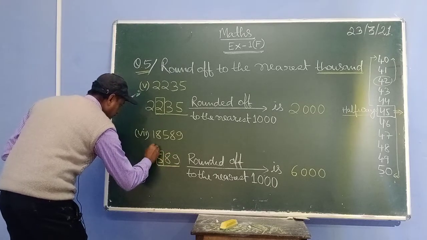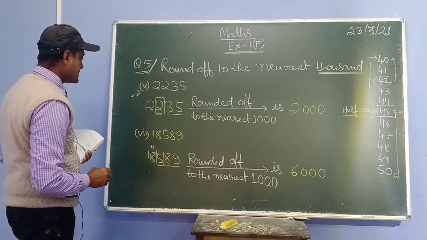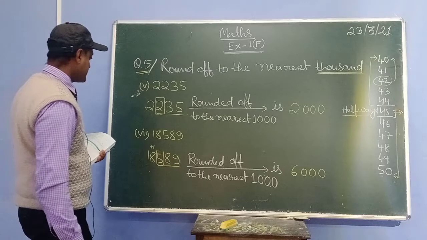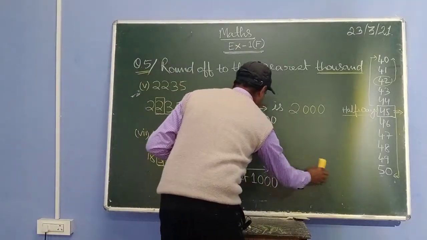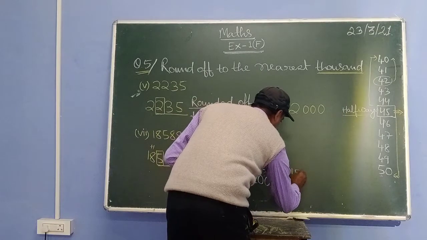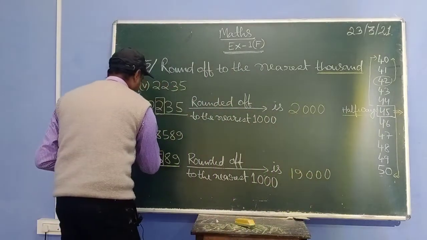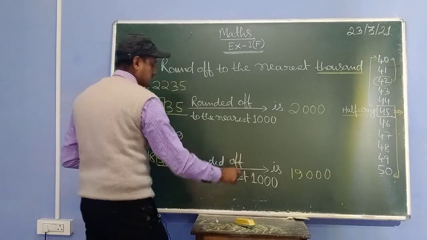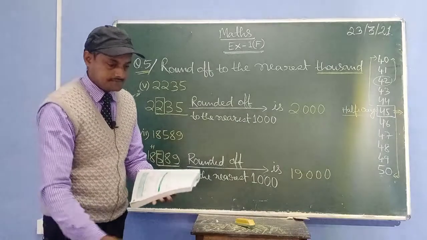So we will add 1 to this number. Rounded off to the nearest 1000, 18,589 is 19,000, because we added 1 here, 18 and 1 is 19, and then three zeros. 19,000.